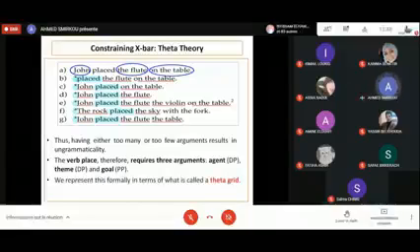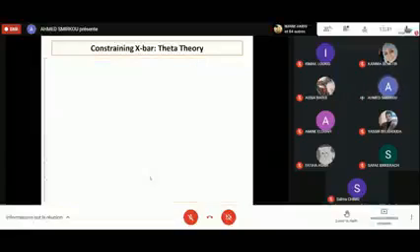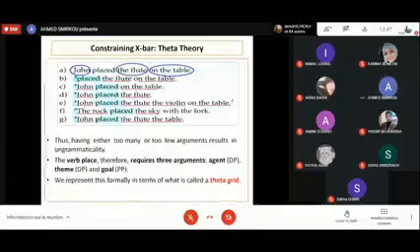So we represent this formally in terms of what is called the theta grid. This information, that it requires 3 arguments, etc., we need to put in some kind of a table, a format. This is called theta grid. As you know, linguistics prefers free redundancy. You'll see this in phonology, free redundant features.